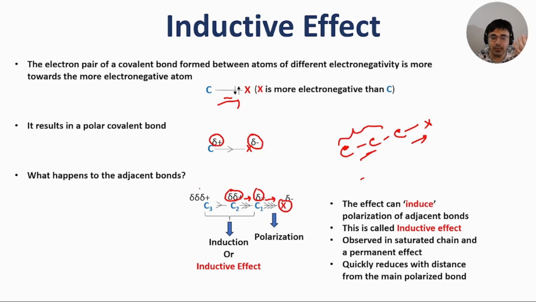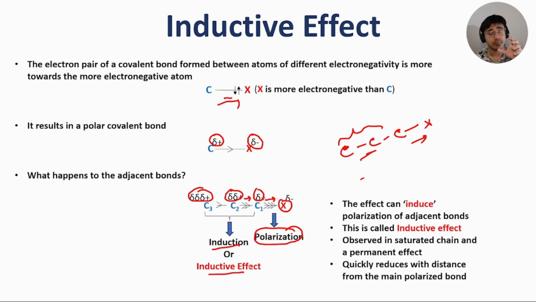Again the same effect happens here, where a delta plus charge will be there on the C3 atom, which is even lesser. So as a whole, if polarization takes place in one bond, and that bond induces polarization in the adjacent bond, it is called induction of polarization, or inductive effect. As a whole, this is a very permanent effect.